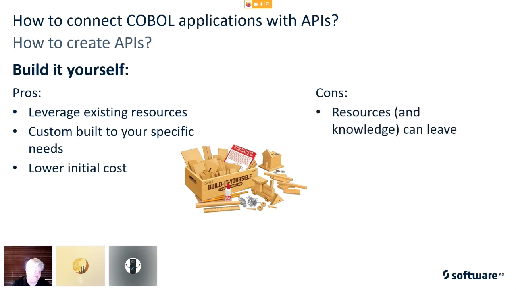Those resources and the knowledge that they have can leave. We have a customer who has an API that their entire business relies on between the mainframe and one of their other systems. And the person that wrote it not only left, but retired and moved to another continent. So if that API breaks, they're in trouble.